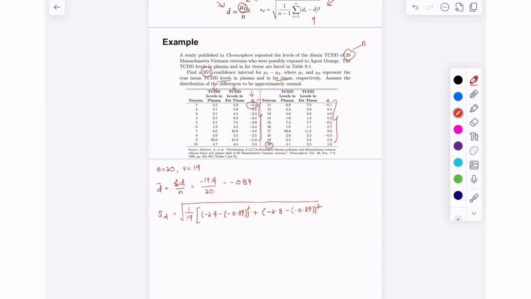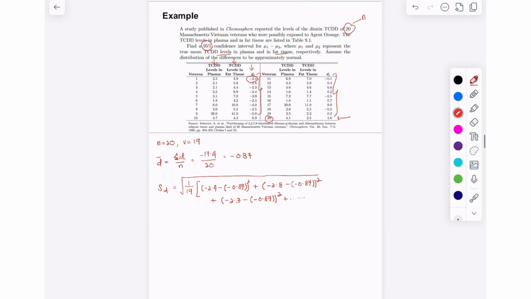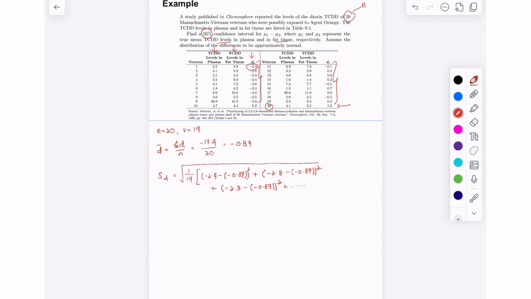Then plus the third one, negative 2.3, minus negative 0.87, and so on until the 20th observation. If you calculate this, SD will eventually equal 2.9773.